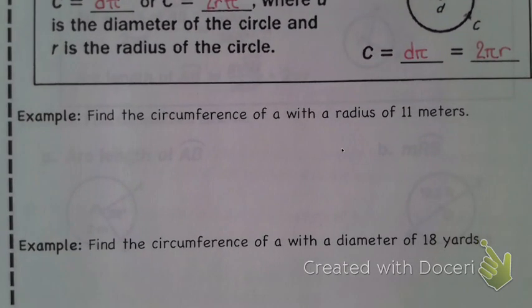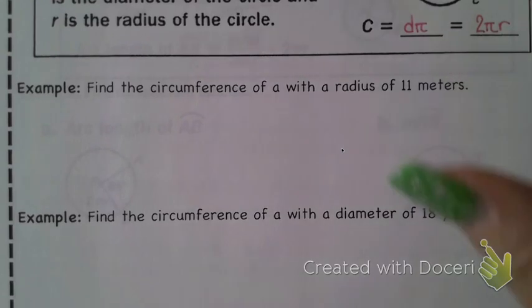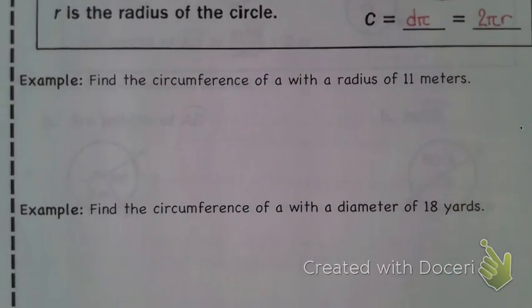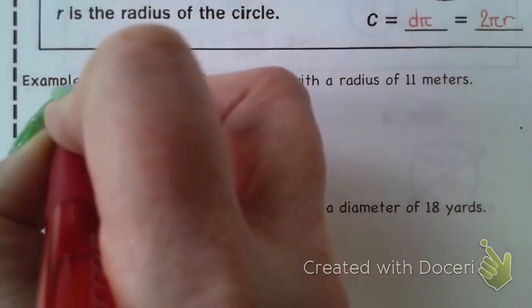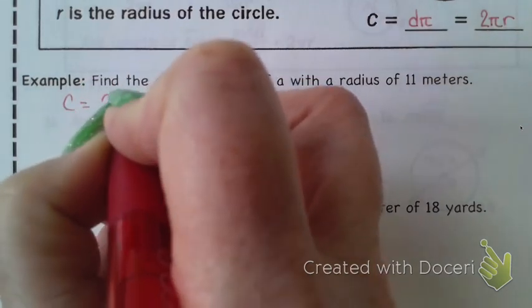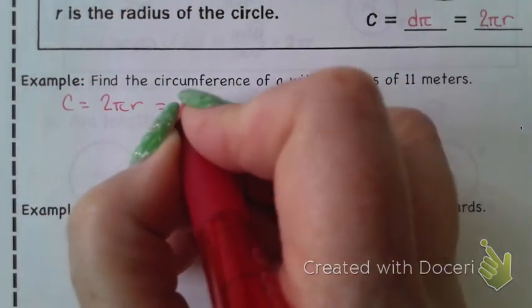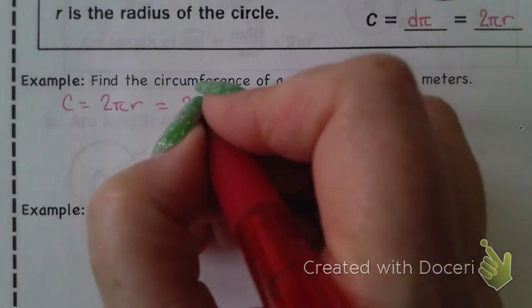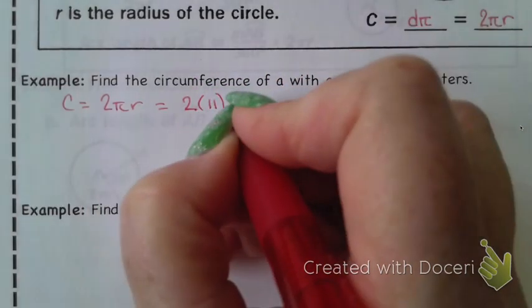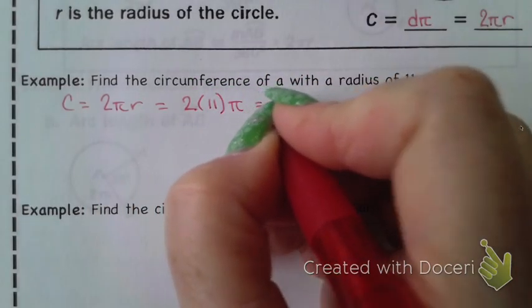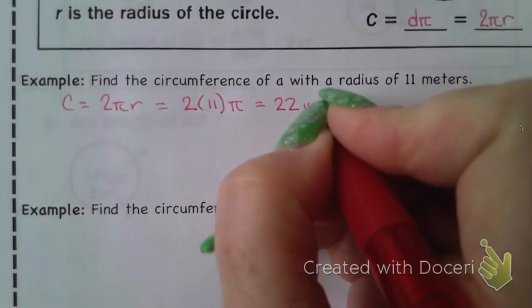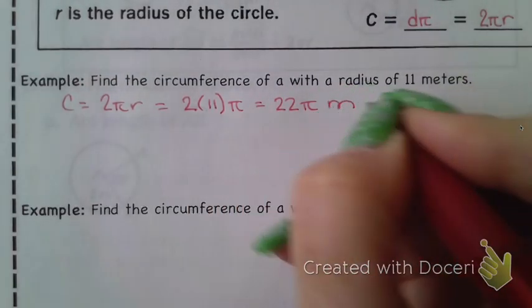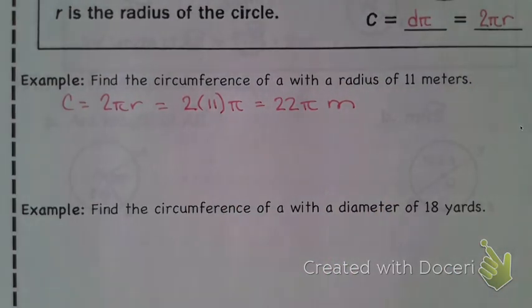Okay, so it says find the circumference whose radius is 11 meters. So circumference equals 2 pi r. So 2 times 11 times pi, 22 pi. It is 22 pi meters. Now, on your worksheet today, it doesn't tell you to round.